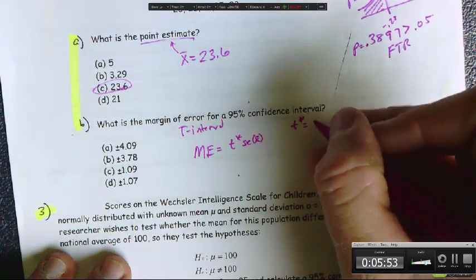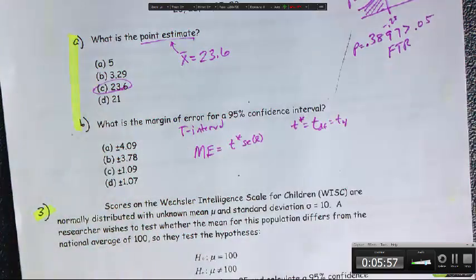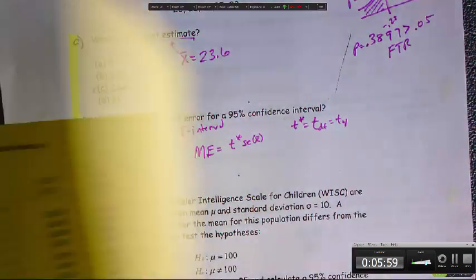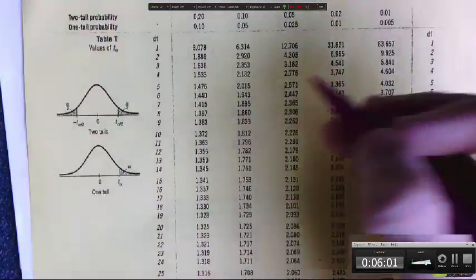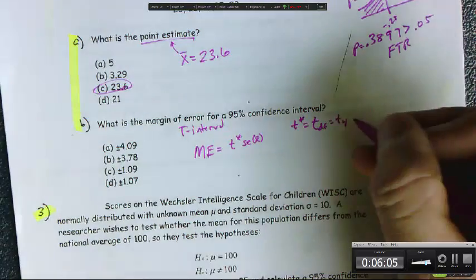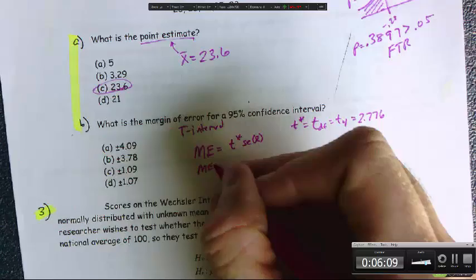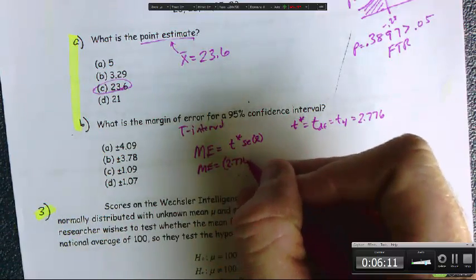A 95% confidence interval. What's the degree of freedom? 4. So we're looking for a degree of freedom 4 with a 95% confidence interval. And we get a T critical of 2.776.